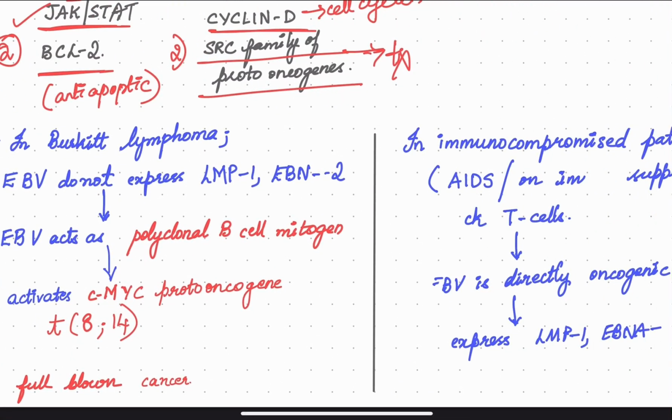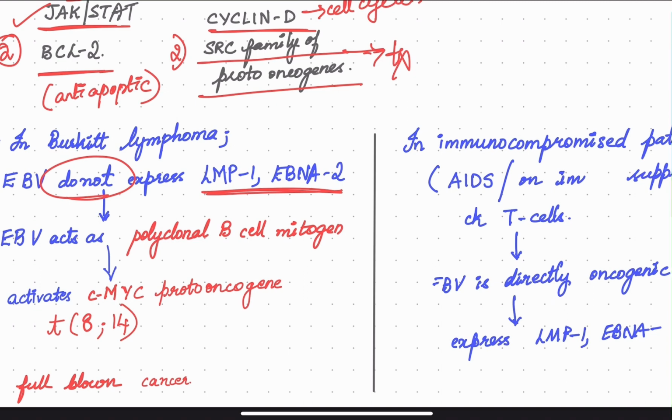Firstly, coming to the pathogenesis in Burkitt lymphoma, the EBV is known to cause Burkitt lymphoma. The Epstein-Barr virus does not express these proteins as it normally expresses, LMP1, EBNA2. In Burkitt lymphoma, these are not expressed. That means they are not directly oncogenic.